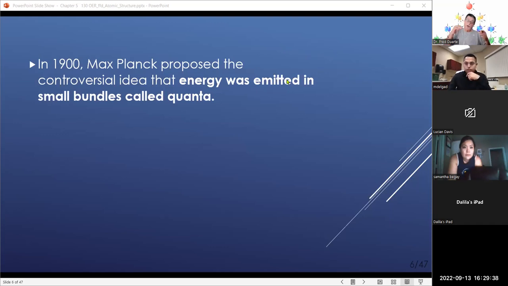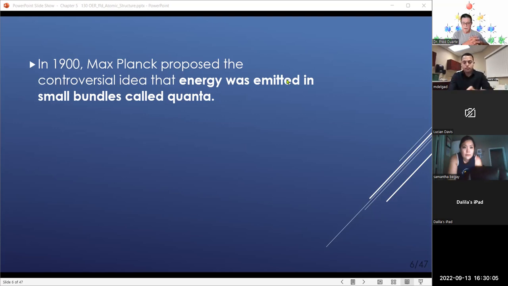Now, in the last chapter we were talking about J.J. Thomson and Rutherford, and some other scientists. I mentioned there are a number of other scientists that were here during this time period. So here we are, 1900 again, like in the J.J. Thomson era. A scientist by the name of Max Planck, a very famous scientist, proposed a controversial idea for the time.